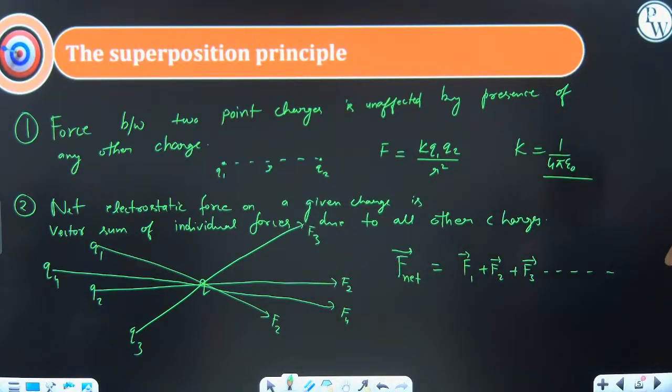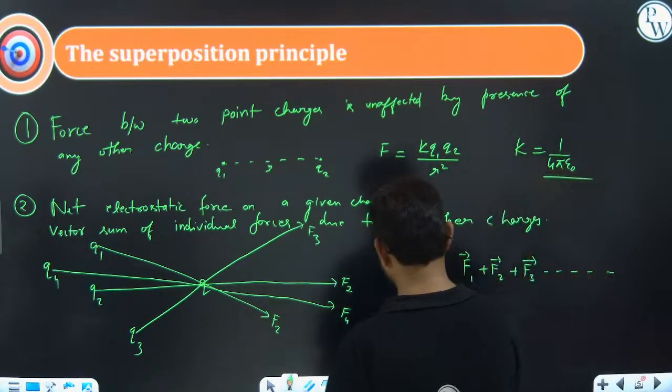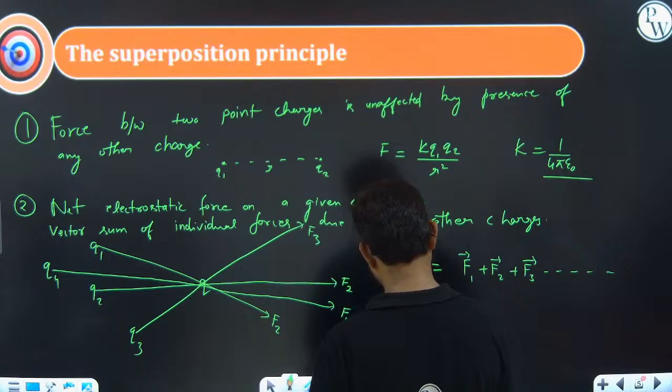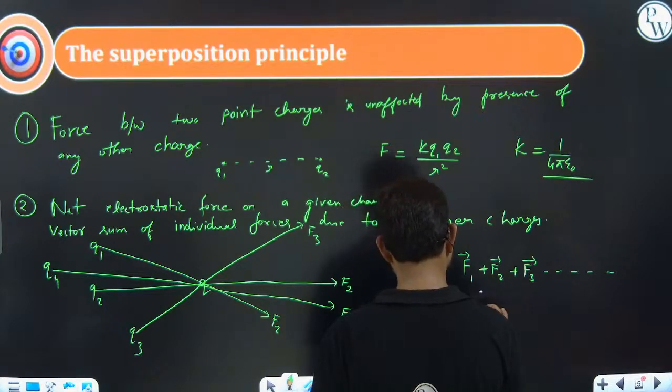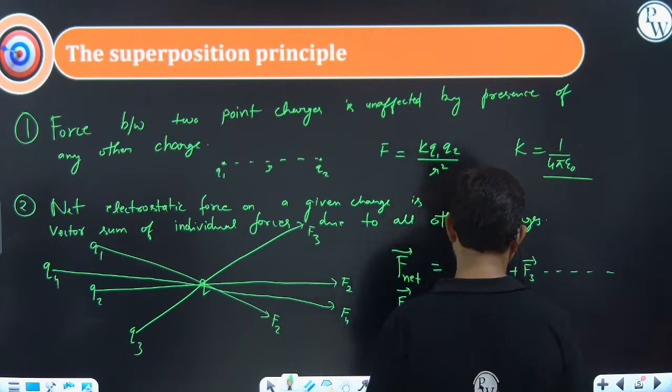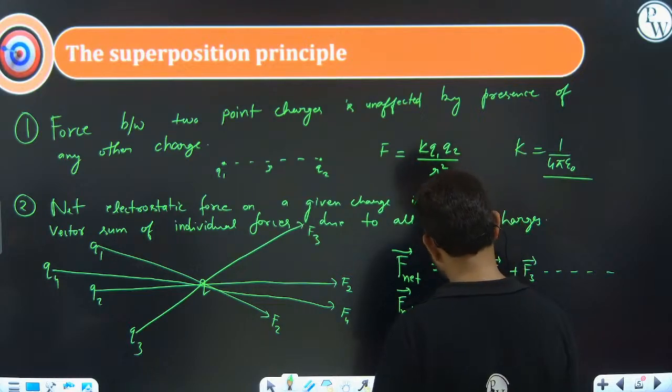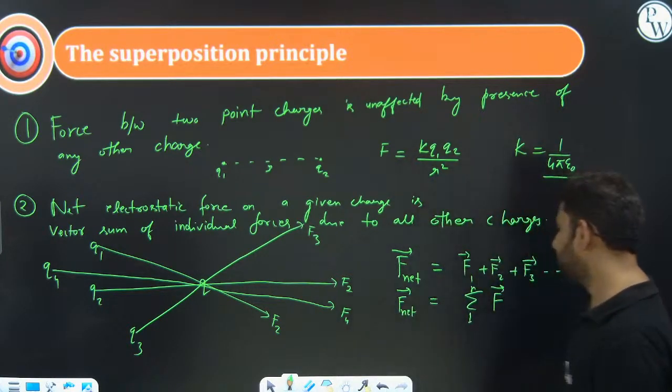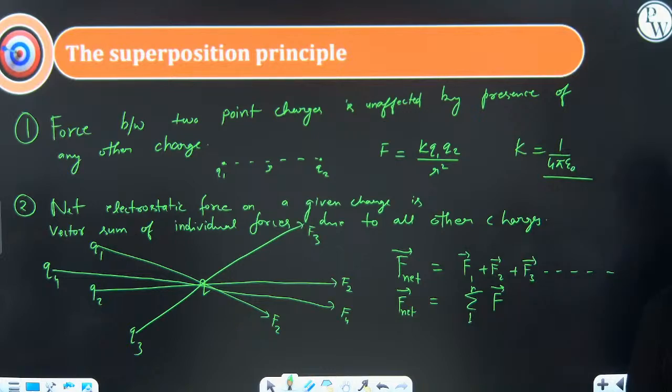So basically we can say that f net on the given charge is the sum of all the forces, from 1 to any number of forces n. We are adding them, vector sum.